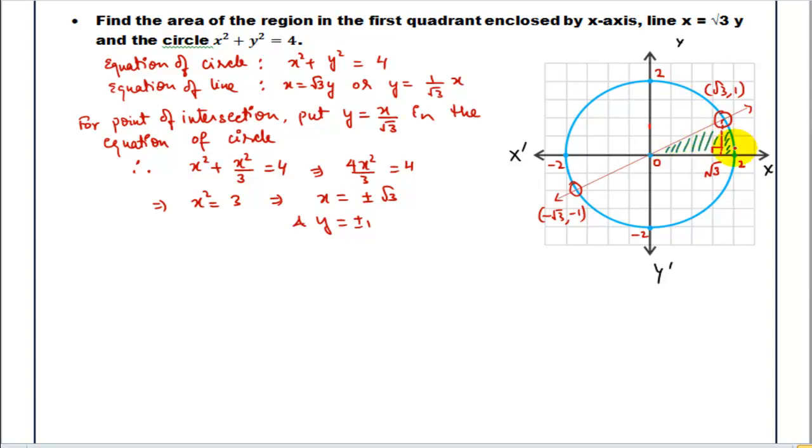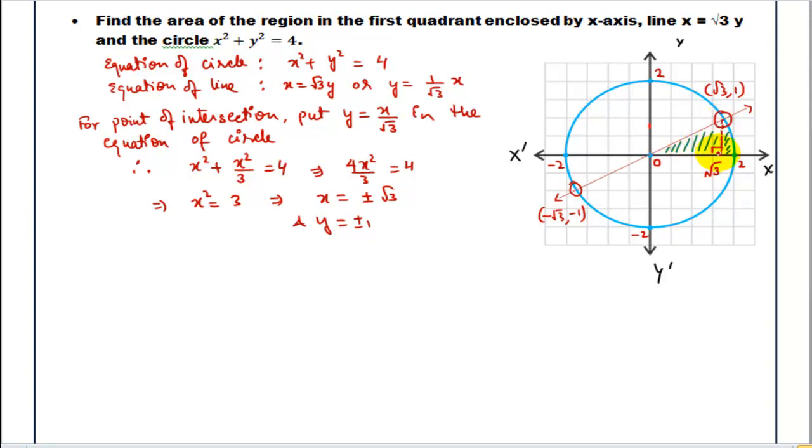But if you see, the entire shading is not under one curve, it is under two curves. This is the point of intersection of both the curves, the line and the circle. If we drop a perpendicular from here, it will meet the x-axis at root 3 comma 0. So you can see when we move from x is equal to 0 to x is equal to root 3, this shaded region is coming under the line.